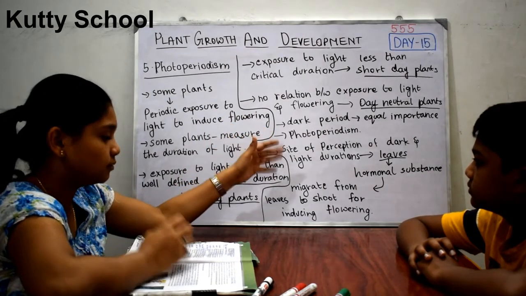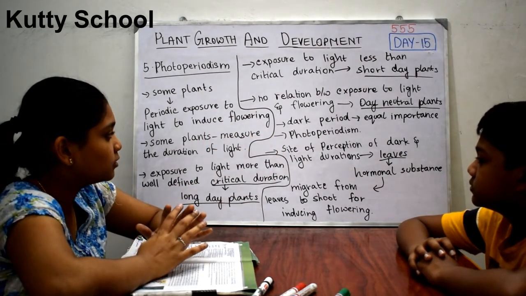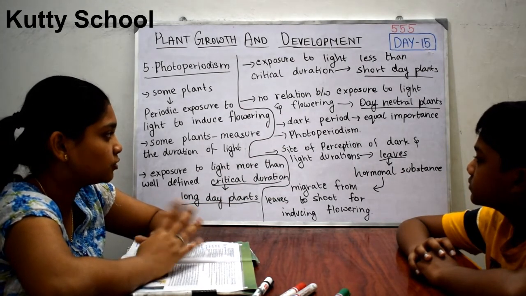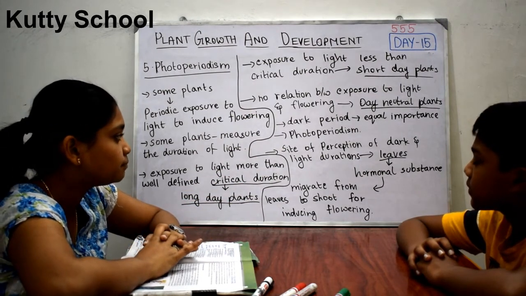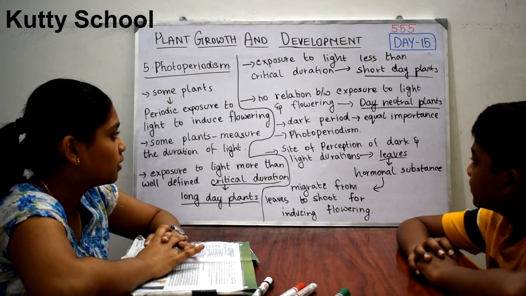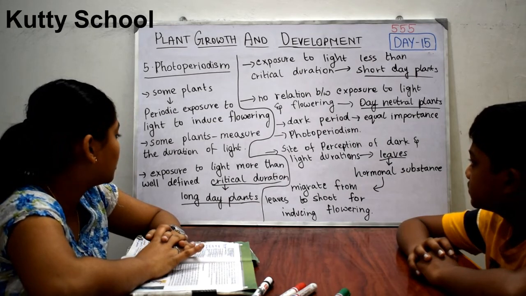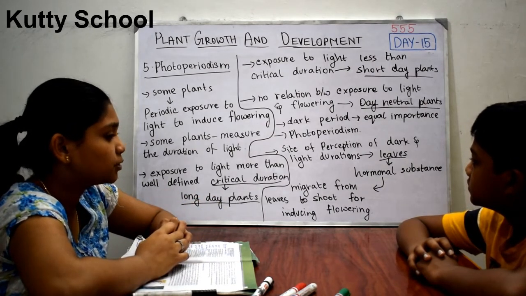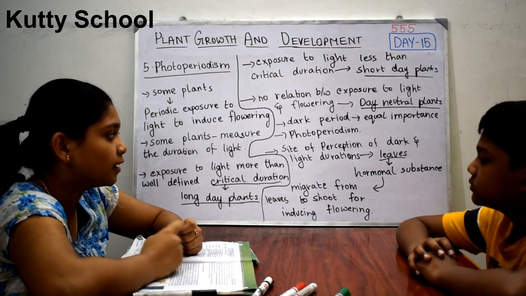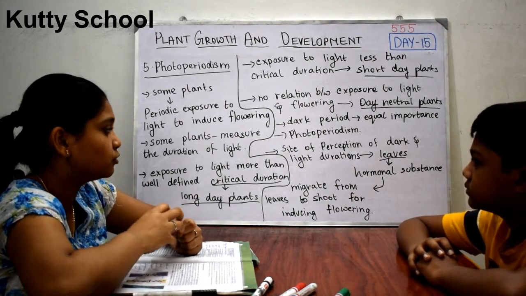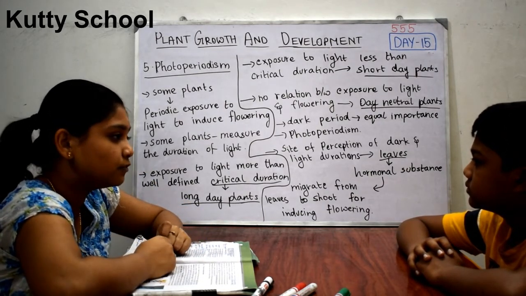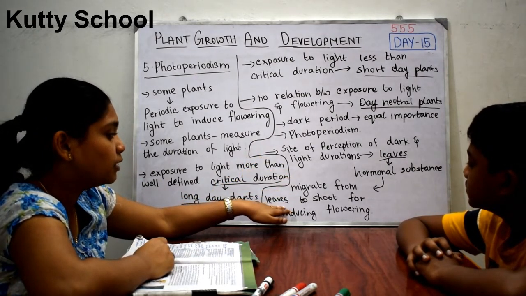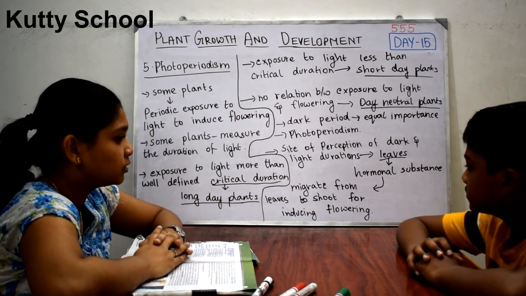So the plants which regulate their flowering in response to light and dark conditions show photoperiodism. The site of perception, the site of absorption of light and dark duration, is present in the leaves. The leaves have some hormonal substance that migrates from the leaves to the shoot for flowering with respect to light and dark conditions.